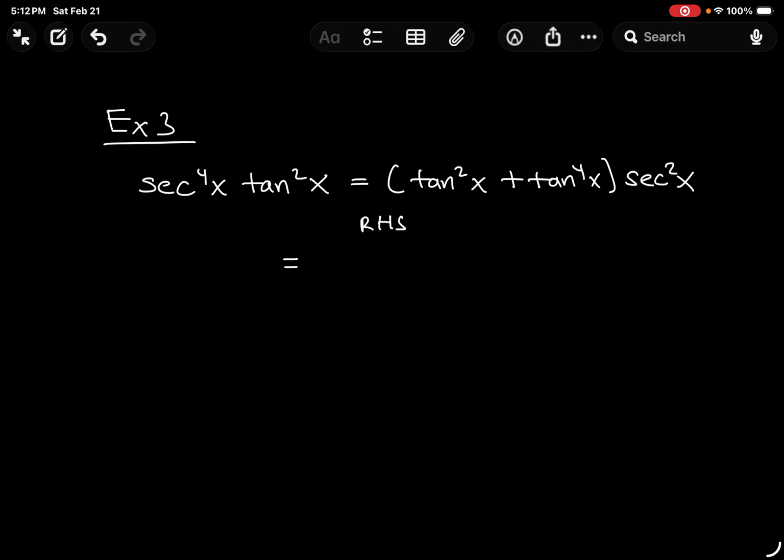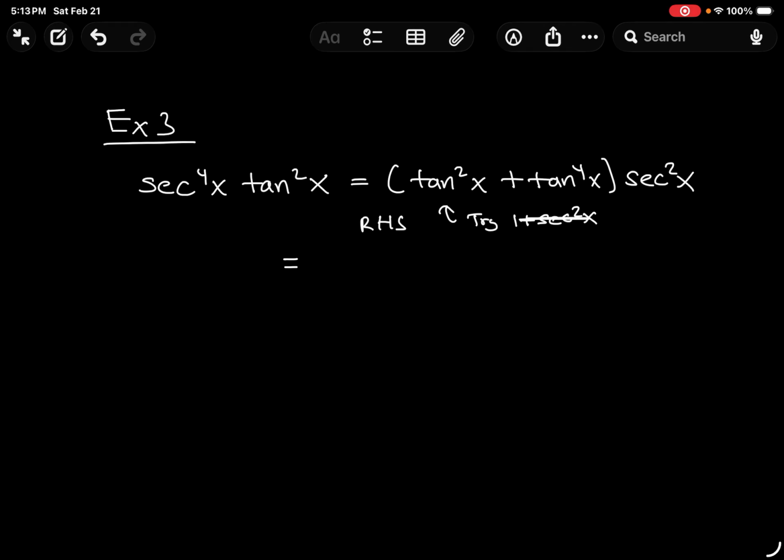The tan squared x, as you know, is 1 plus secant squared x, right? So I'm just thinking out loud. But if I plug in 1 plus secant squared x, I still have a tangent to the fourth x over here. So that doesn't really quite help me if I try to substitute, right? I could try substituting 1 plus secant squared x.